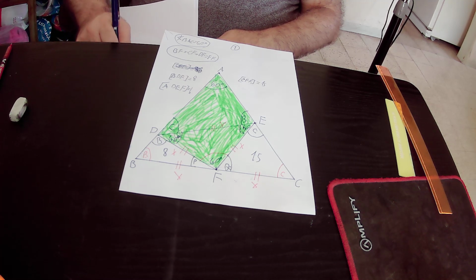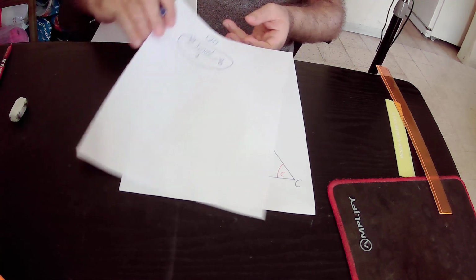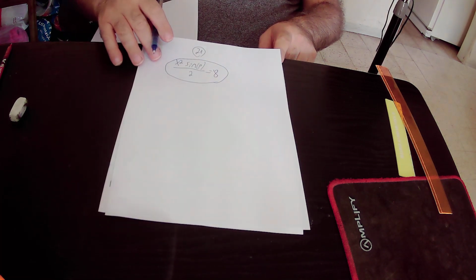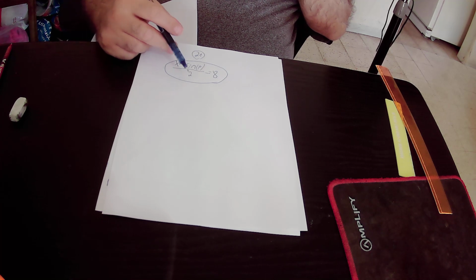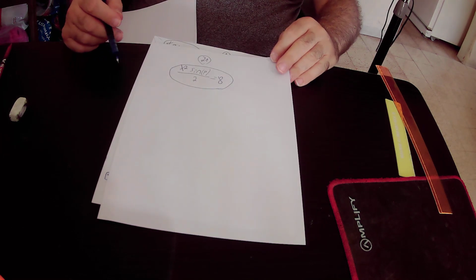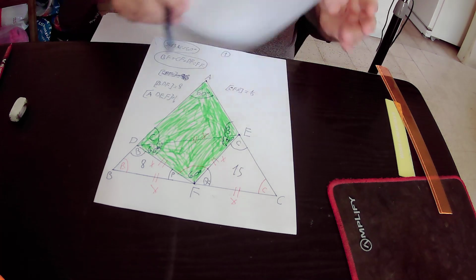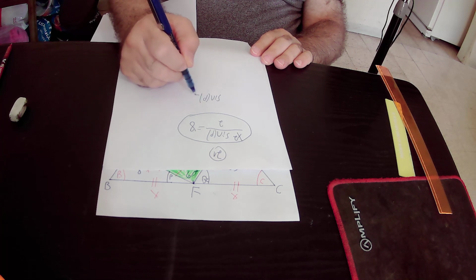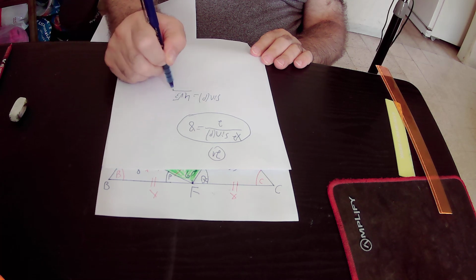Okay, so we have the formula for the area of triangle DBF, the small triangle, and we know that the area of the small triangle DBF equals 8 square units, and we have already found out that sine P equals 4 times root 3 over 13.